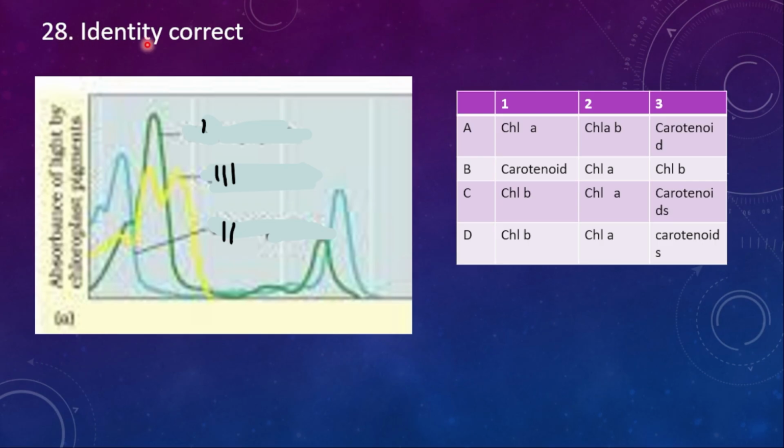28th question. Identify the correct one: which one is 1, which one is 2, and which one is 3? Here the right option is option D. How can you see it? Always keep in mind that chlorophyll B's peak is more.